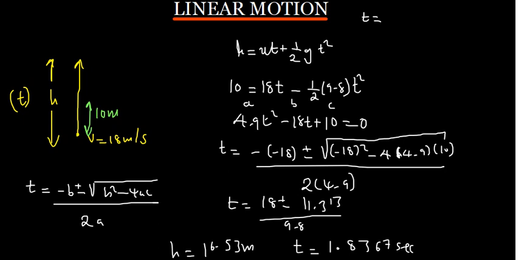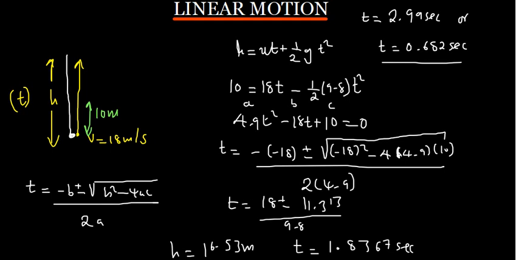That is going to give us 2.99 seconds, or t is going to be, now we say 18 minus 11.313. The answer I get, divided by 9.8, that is going to give us 0.682 seconds.